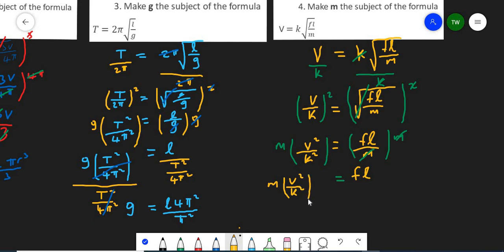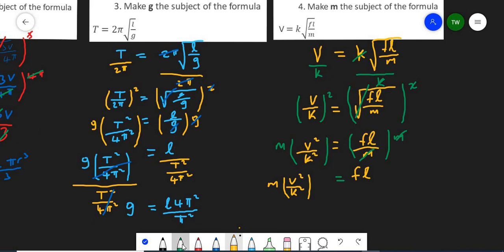Right? Now at this stage, you need to remind yourself what you want to be the subject again. We want M. So now M is in the numerator. Okay, what is affecting the M? Whatever is inside of this bracket is multiplying the M. So how can we transfer what's inside of the bracket to the other side? By doing the opposite, which is to divide by what's inside of the bracket.